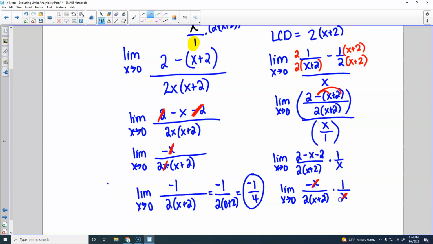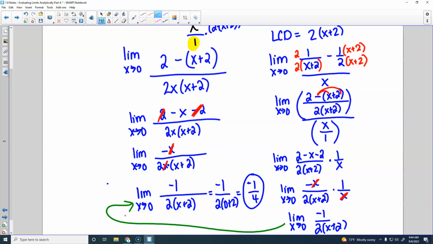These x's right here can cancel, and you'll see from this point we've got limit as x approaches 0 of negative 1 over 2 times x plus 2. And that is the same thing we had over here, and it just finishes up that same way. All right, just a different way of doing the same problem.